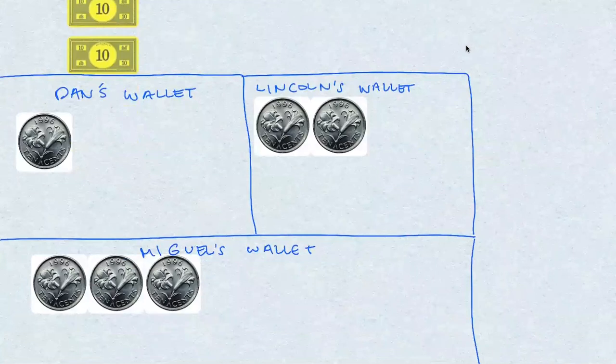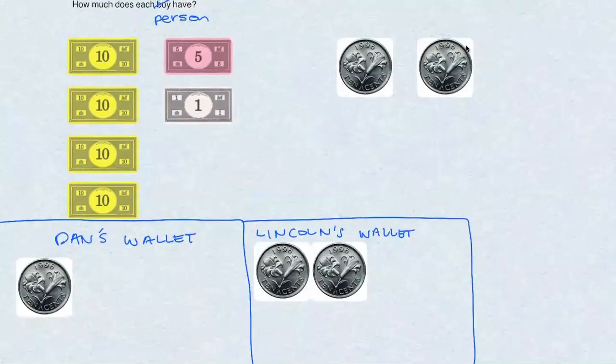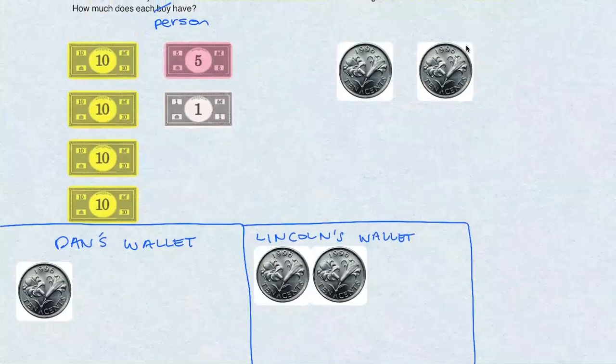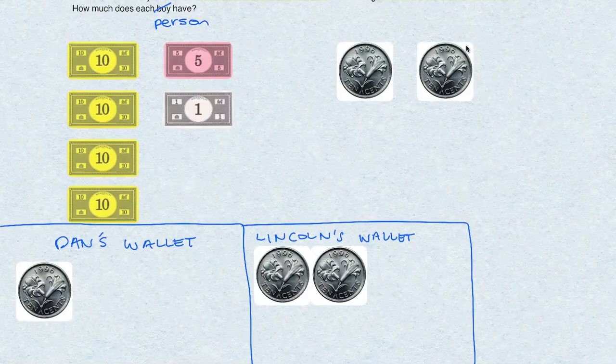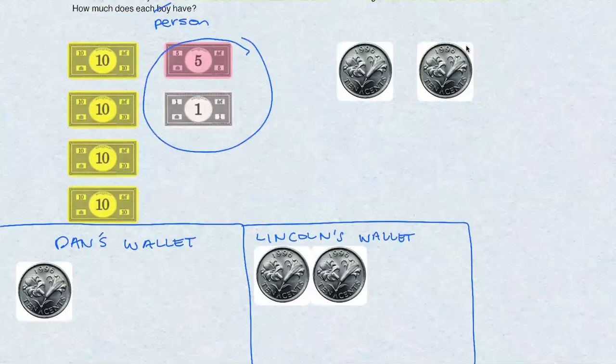So that might be really helpful in making all of my monies into equal sets of six. The first thing that pops into my head is I see the $5 bill and the $1 bill. That's $6. I can actually break up that $5 bill into 6 ones.